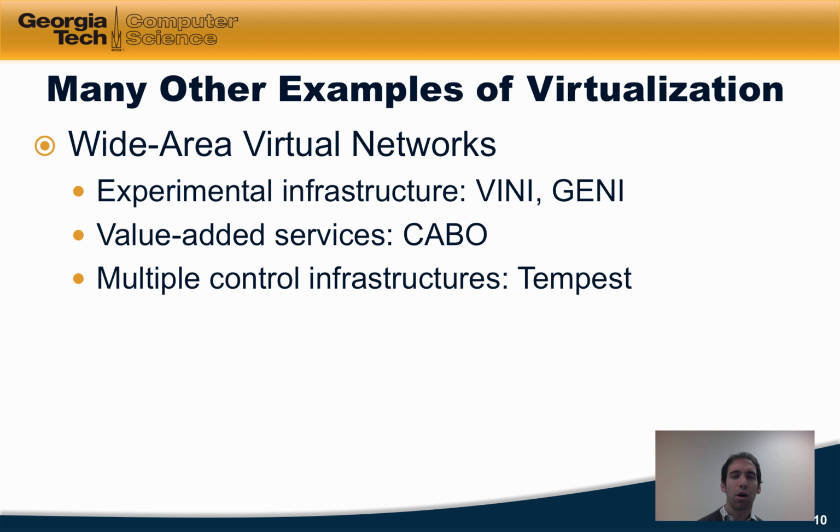One class of virtual networks, which we've already discussed, are those that support virtual networks in the wide area. So there are a variety of classes of wide area virtual networks, some that support network experimentation, such as Vini and Genie, some that support value-added services like Cabo, and some that support multiple control infrastructures like the Tempest architecture.